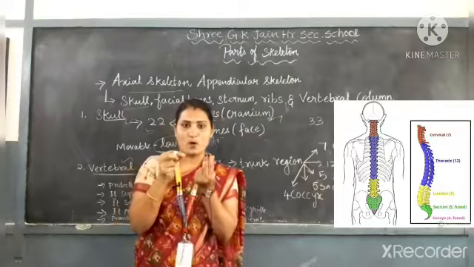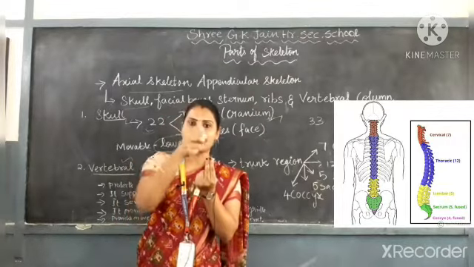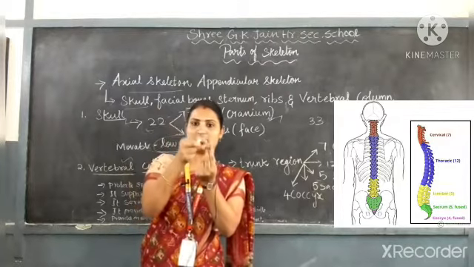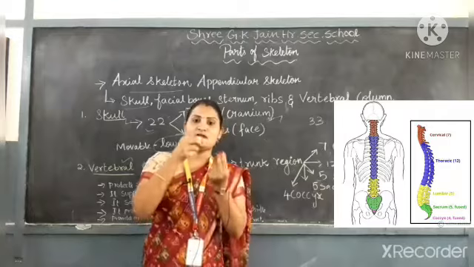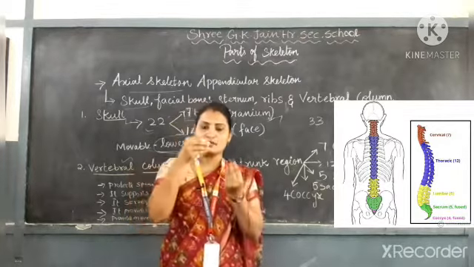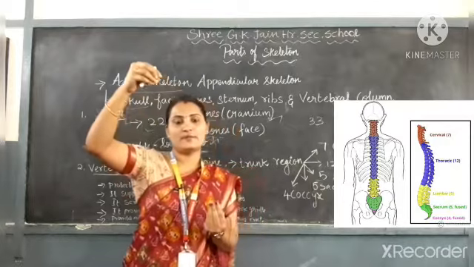That means one small vertebra glides over another vertebra, and on top of it another vertebra glides over. Likewise, because of the gliding joint, these 33 vertebrae are joined together and form the vertebral column.